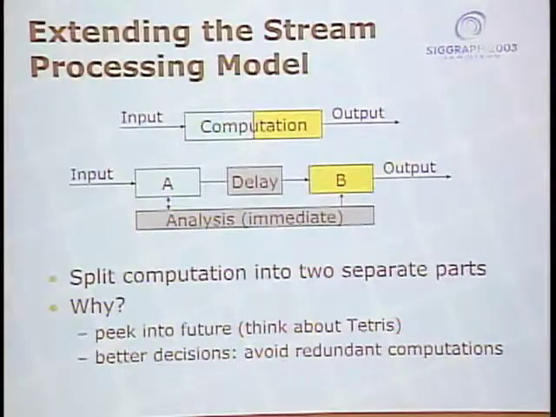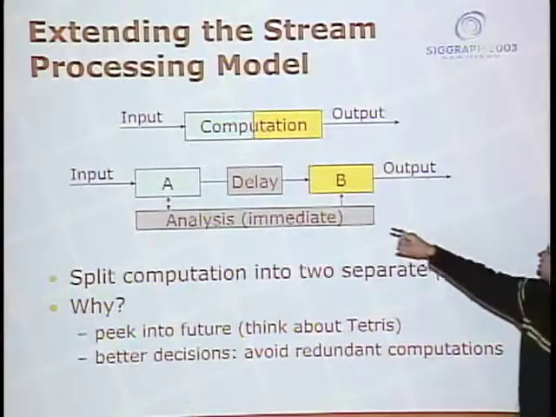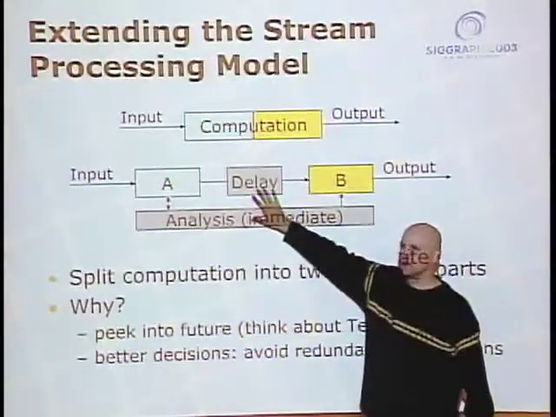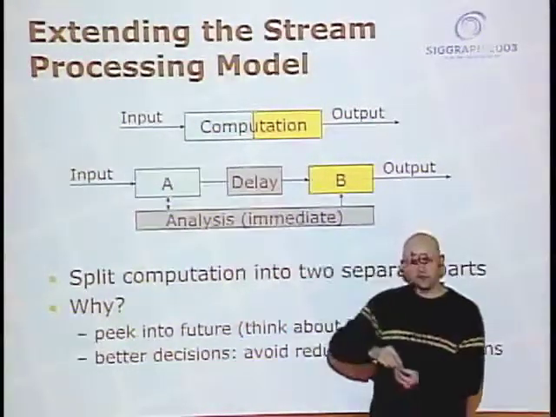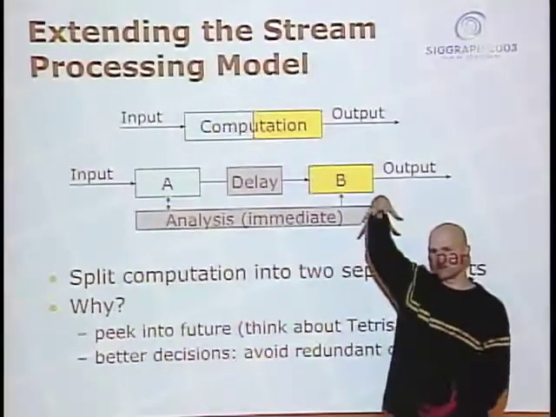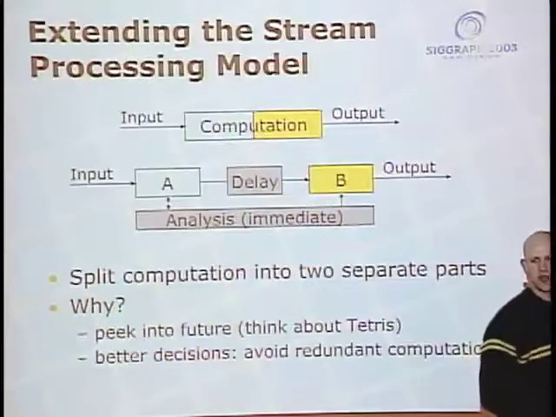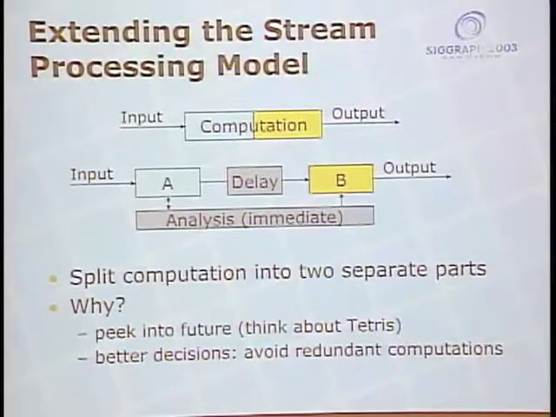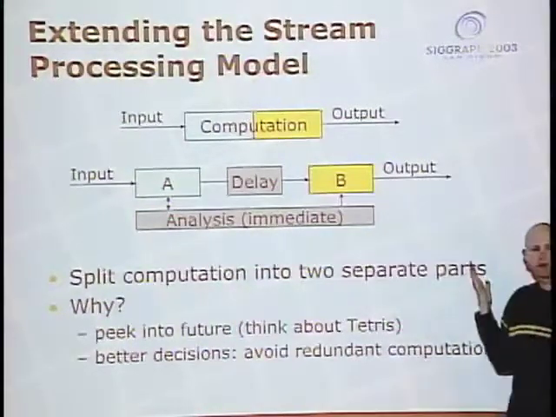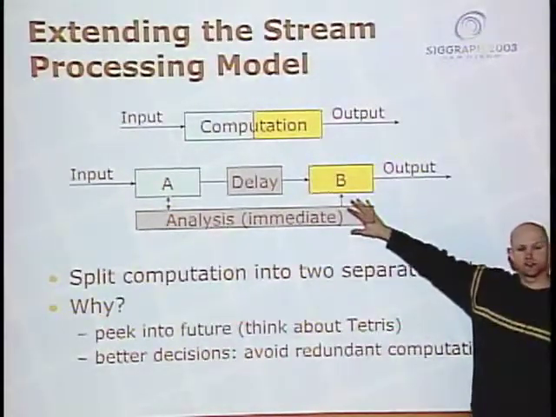You're a better Tetris player if you know what's coming down the pipe. So if you take this big delay stream, and you have this big list of polygons or triangles that you're going to render, B knows what's coming down the pipe. And B can make smarter decisions because it can see what's coming next. So it's a really powerful idea. And one of the goals is to avoid redundant computations. If you know something's coming down the pipe, then maybe you're going to make different decisions.